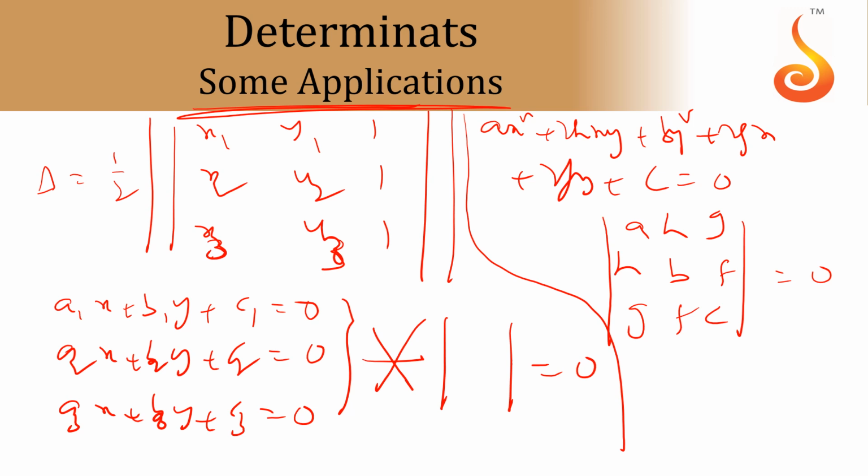If you expand this, it is called the discriminant of the given non-homogeneous equation, which is abc plus 2fgh minus af square minus bg square minus ch square equal to 0. Not only this, there are several applications, the main ones which we will use.